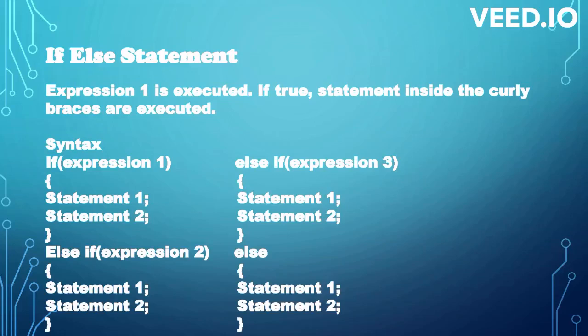For example, say you have four options: expression one is Dairy Milk, expression two is Five Star, expression three is Dimension, and expression four is Jumps. Now you want to choose any one chocolate among the four. You give, for example, 3, that is Dimension. Except expression 3, the rest of the blocks will be skipped, and the result will be Dimension.